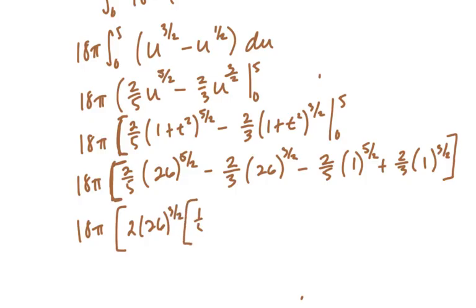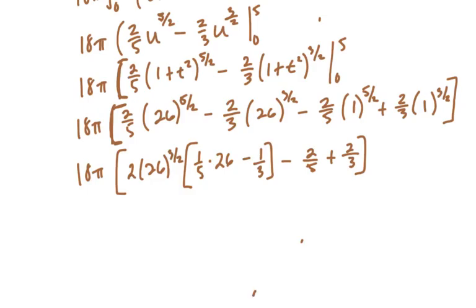So I'm left with 1/5, and I have 26 minus, when you factor out the 26 to the 3/2 and the 2, this just becomes a 1/3. Minus 2/5 plus 2/3. So now we need to combine these. We're going to say 18 pi, 2, now 26 to the 3/2.